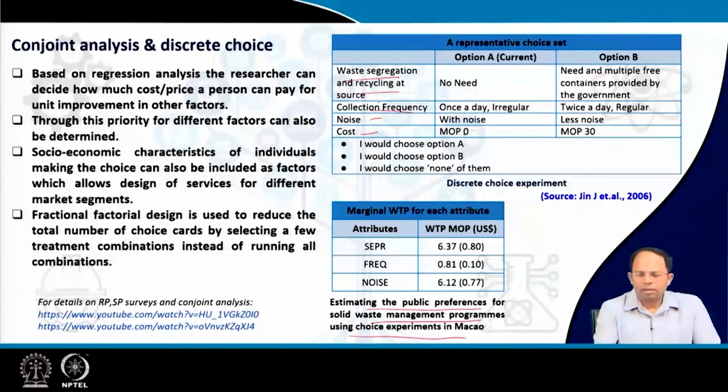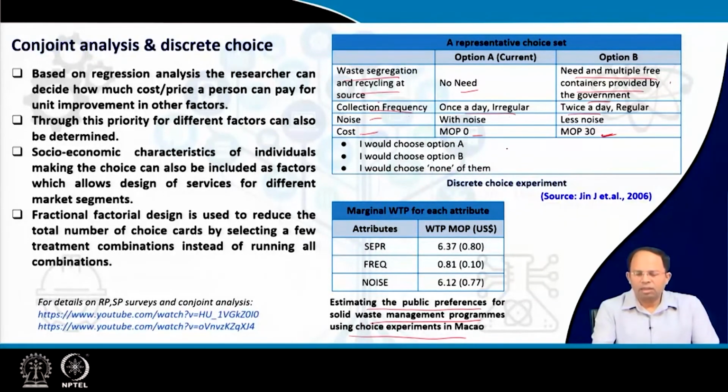The cost levels are given as 0, that is free, and 30. Frequency is once a day, irregular, in option A. Where you are charging 30, you are giving twice a day, regular. Waste segregation is not required in option A. In option B, waste bins and multiple free containers are provided by the government for facilitating waste segregation. So which would you choose?